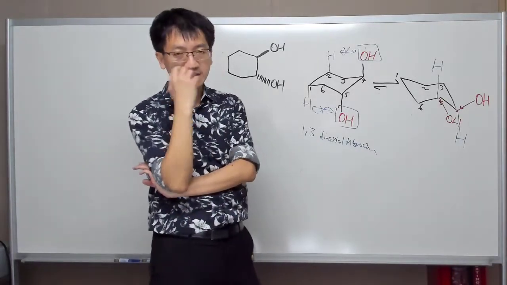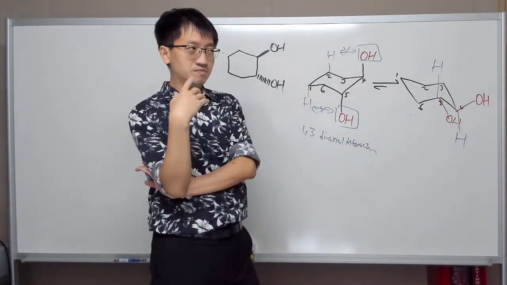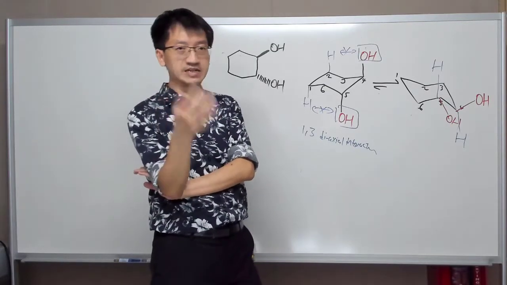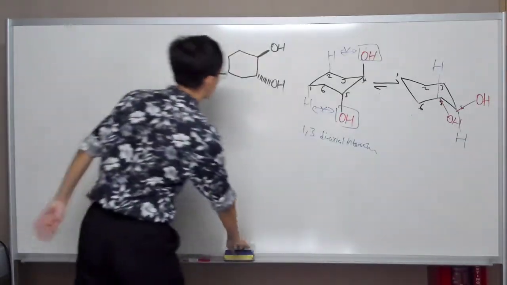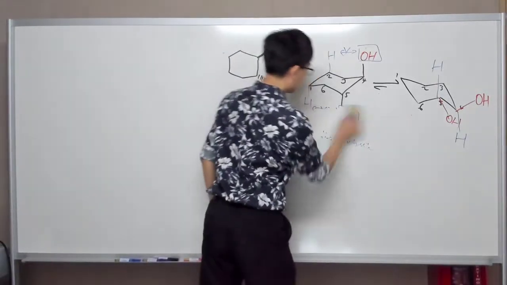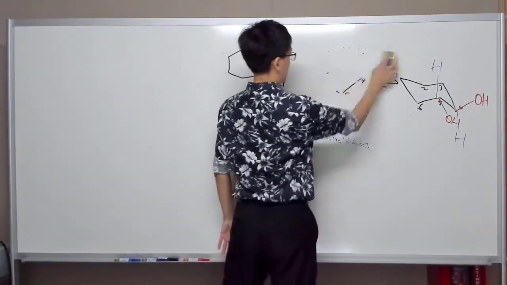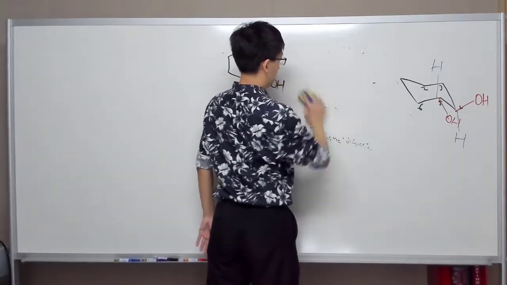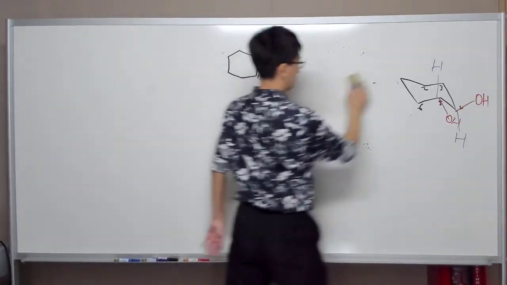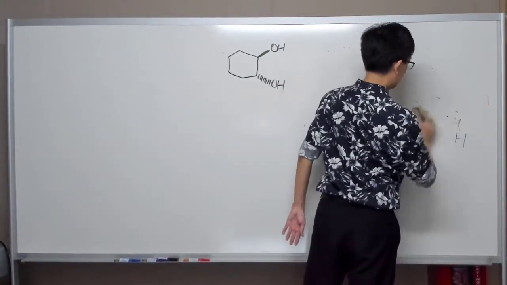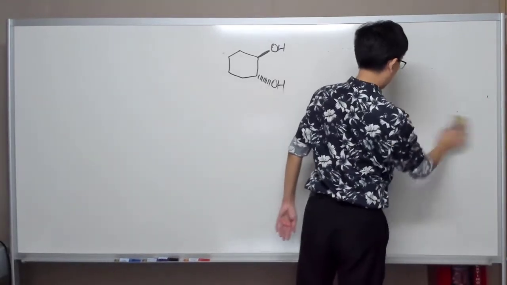It's often asked, and the students need to do quite a number of ring flips, and sometimes they get confused. So right now I'm going to erase it first, and put in some random groups so you have an idea of what to expect.